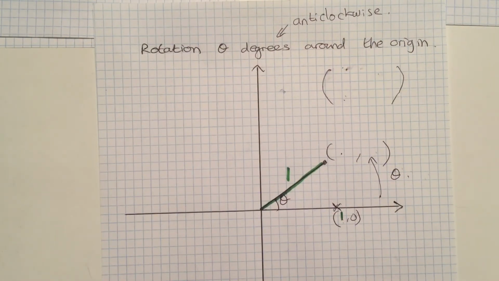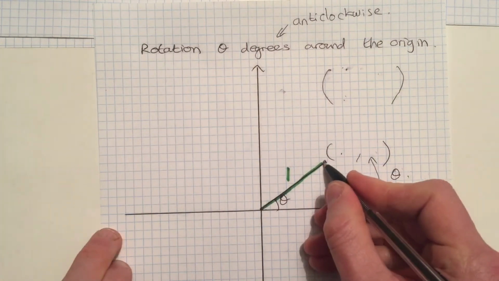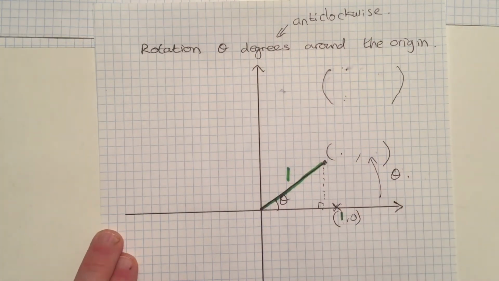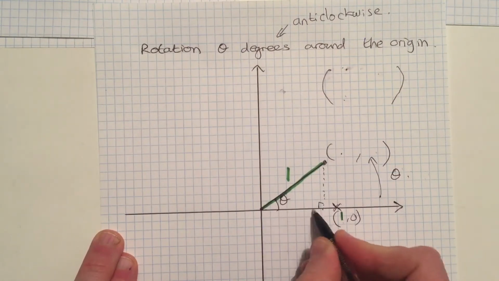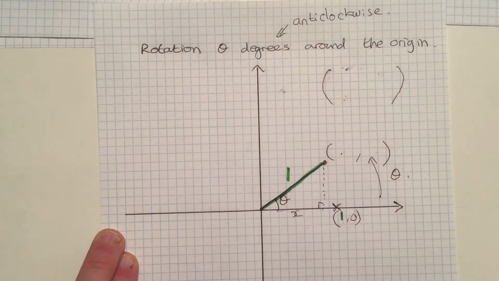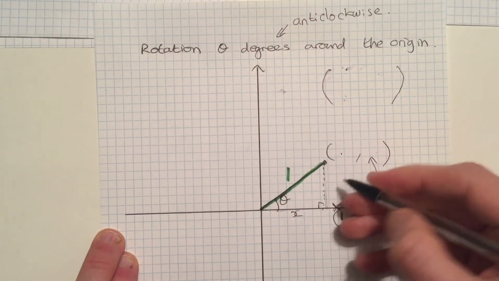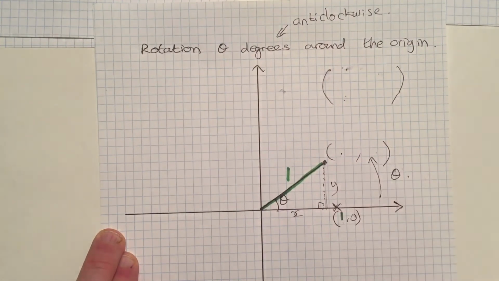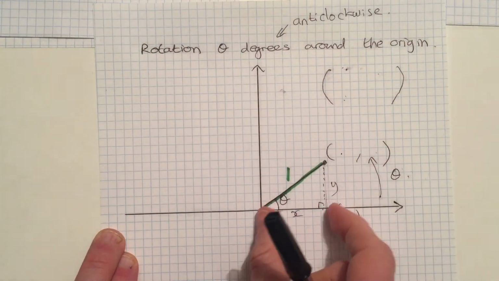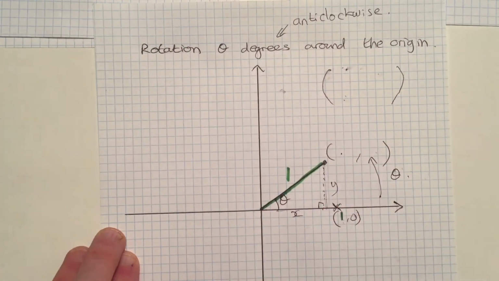What I'm also going to do is draw a little right-angled triangle, because this side here represents my x coordinate that I want to work out, and this side here is going to be my y coordinate. This is the y coordinate of that point, this is the x coordinate of that point.